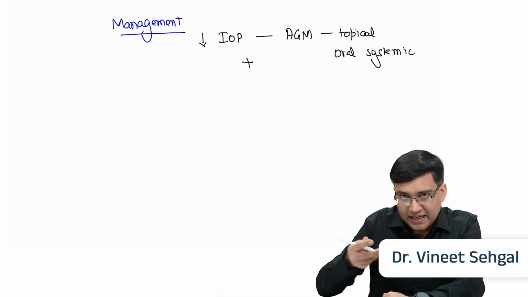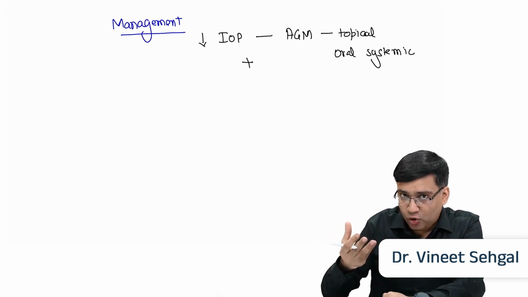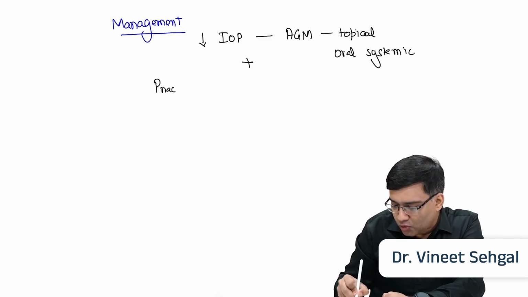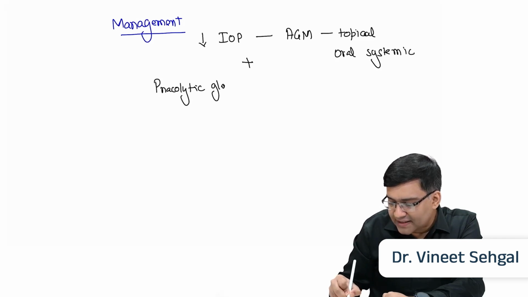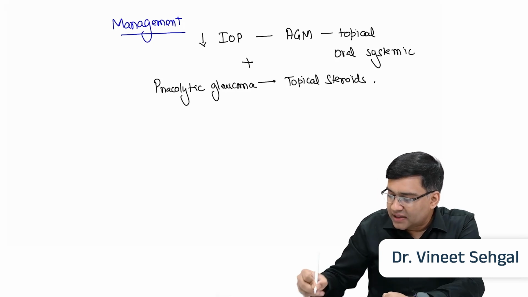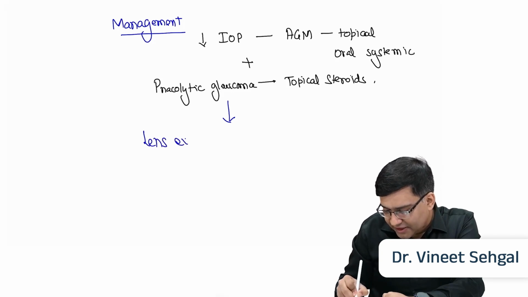Plus, if needed, let's say the patient is having a uveitic component in the phacolytic or phacoanaphylactic glaucoma, patient is having uveitis as well. So in that case, we would add topical steroids. But the definitive treatment, please remember, is the lens extraction.